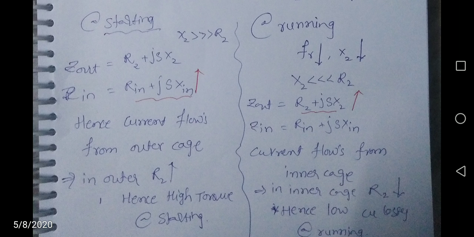When the outer cage provides higher impedance in running condition, current flows in the inner cage. In the inner cage the resistance is very less. The machine is already running, so there is no problem with the torque, current, and power factor.